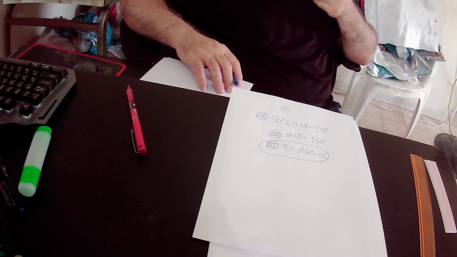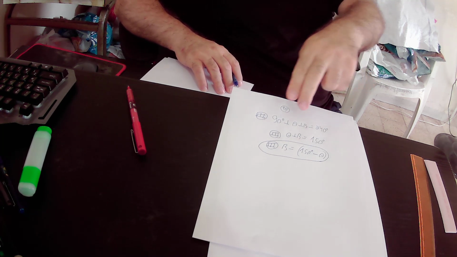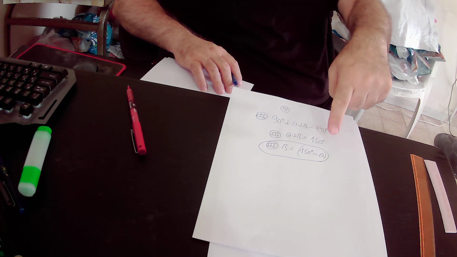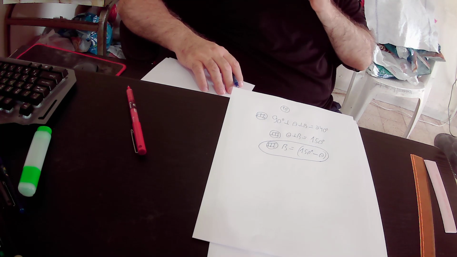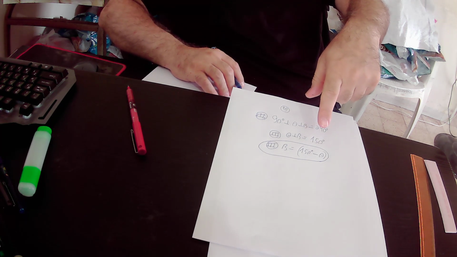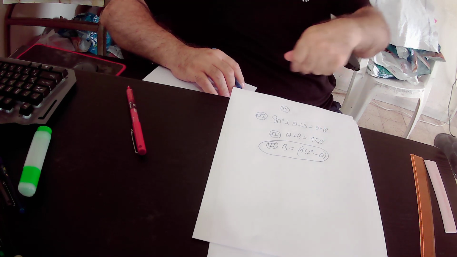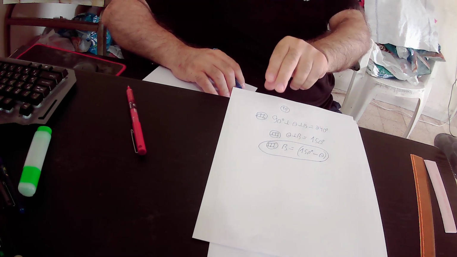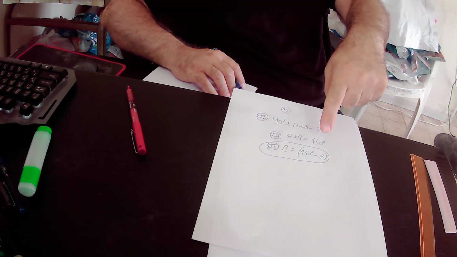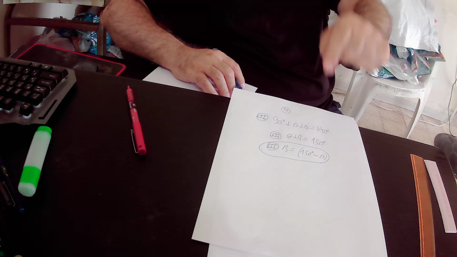So after we subtracted theta from equation number 3, we got that beta equals 150 degrees minus theta. Okay, so if beta equals 150 degrees minus theta, then we can say that sine beta equals sine of 150 degrees minus theta.